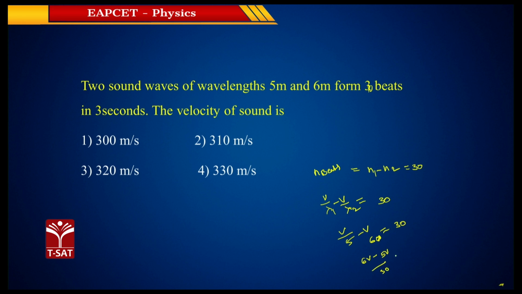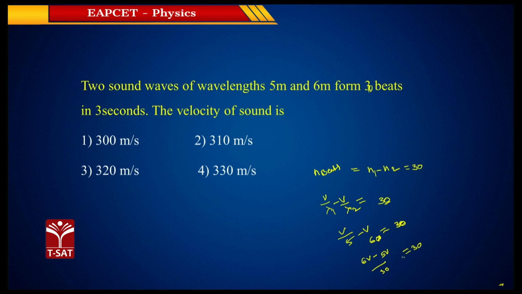Okay, suppose the beats values are given, suppose the beats value just changes. Two sound waves of wavelengths 5 meter and 6 meter form 30 beats. Suppose we take 30 beats, no problem about it.